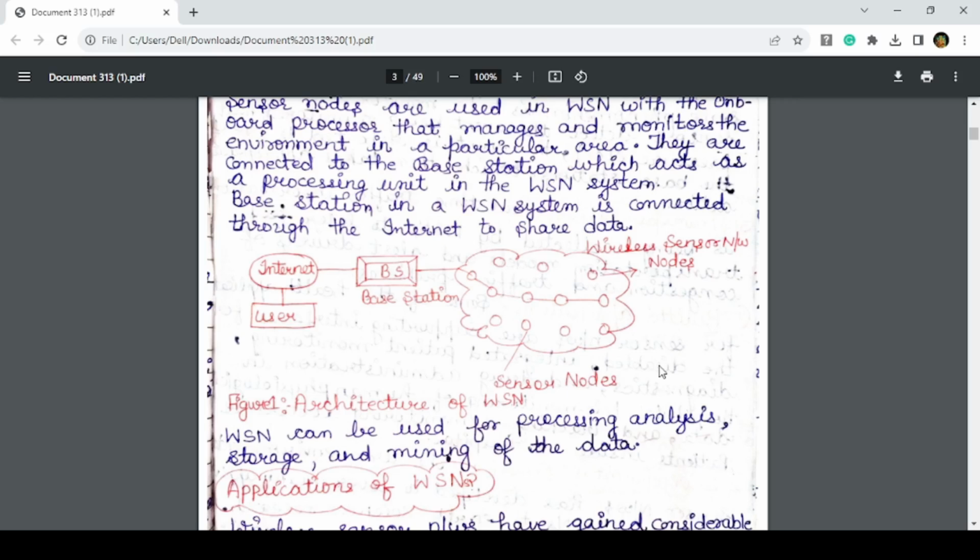base station. Network nodes are organized into concentric layers. It consists of 5 layers and 3 cross layers, and these are: number 1 power management, number 2 mobility management, number 3 task management. And clustered architecture is a two-tier hierarchy clustering architecture.